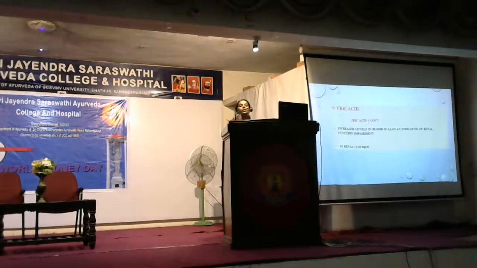Then uric acid. Everyone equates uric acid with gouty arthritis. It is not only increased in gouty arthritis; it is an indicator for renal impairment also.